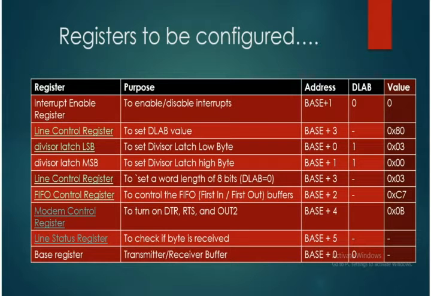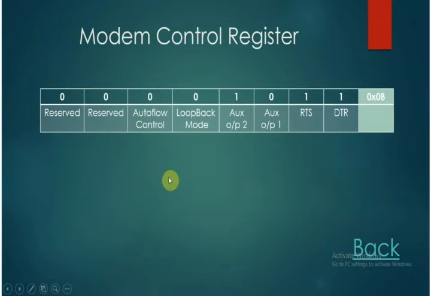Next we want to configure the modem control register. Bit 6 and 7 are reserved, so make them 0. Bit 5 is for auto flow control, which is available only in 16750 UART, so make it equal to 0.